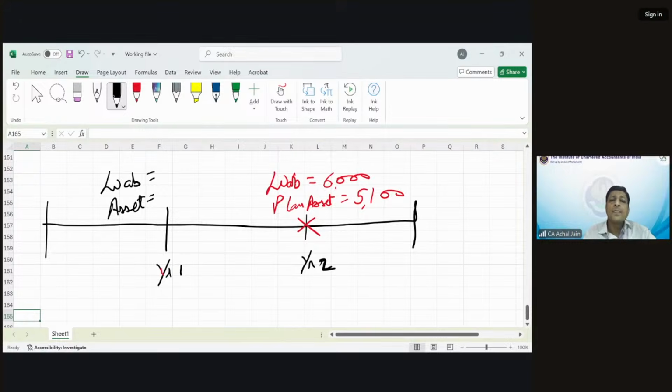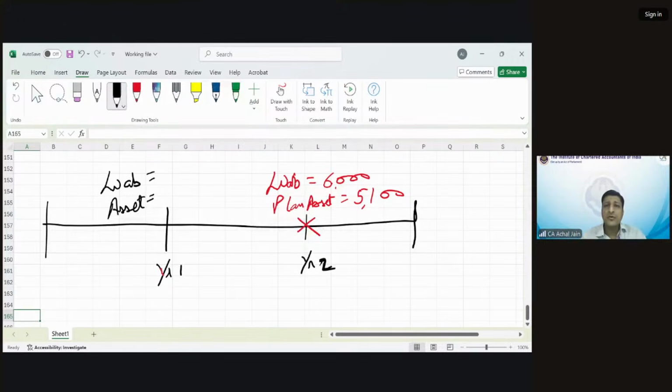Anil, at the end of year 1, some amount of liabilities, some amount of plan asset would have been there. Yes or no? Some amount would have been there at the beginning of the year?